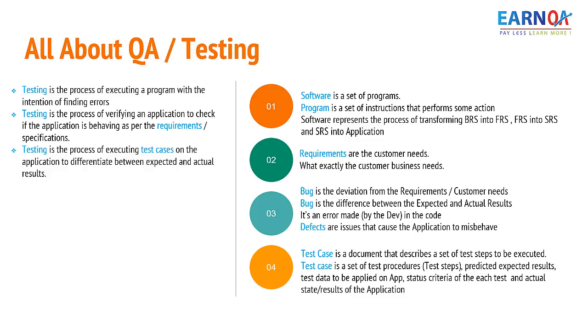We would execute them on the application. Why? To differentiate between what is expected and how the application is actually functioning. And thus we would come to know if the application is functioning as per the requirements or not. So testing is the process of executing test cases on the application to differentiate between the expected and actual results.